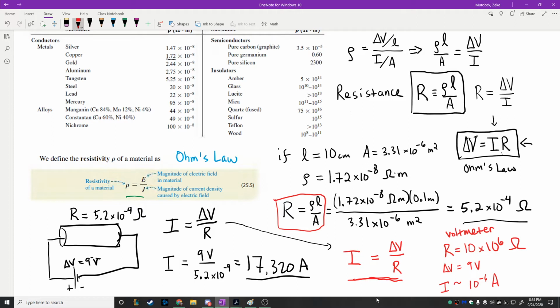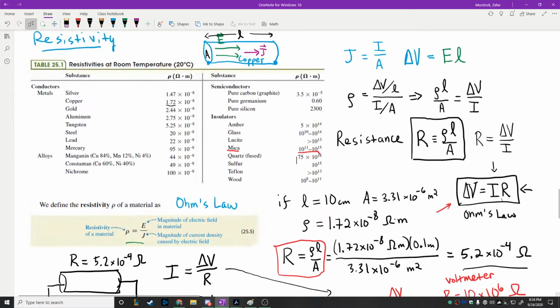Does this relationship make sense to you? The current that you get is related to the voltage, the energy you have, divided by the resistance. The more resistance you have, the less current flow you're going to have. So think about something like mica, which is rock. Imagine that you're trying to pass electricity through rock.